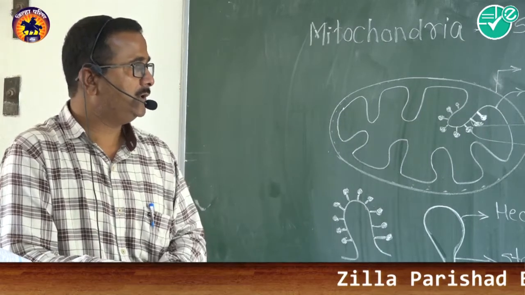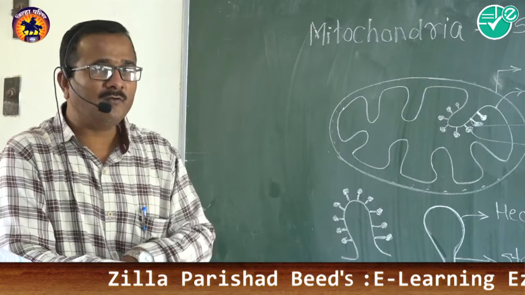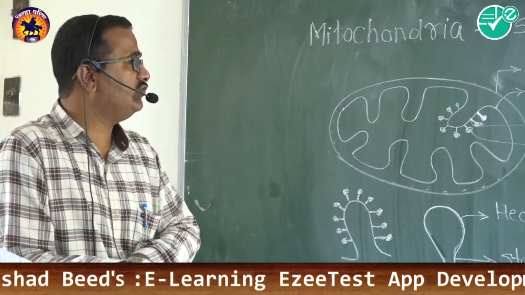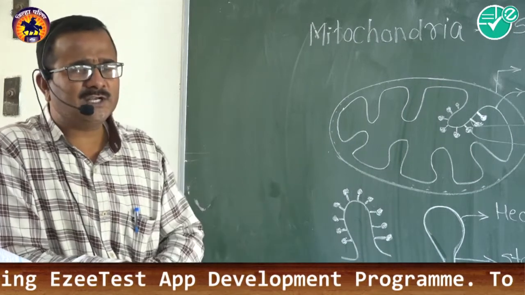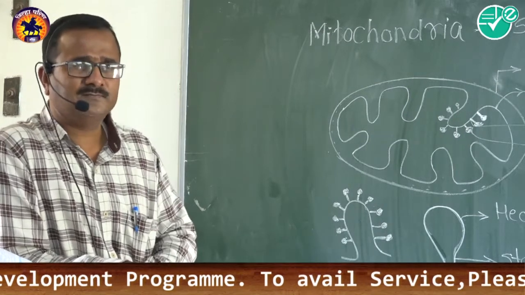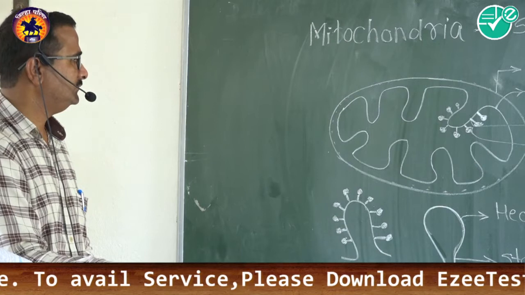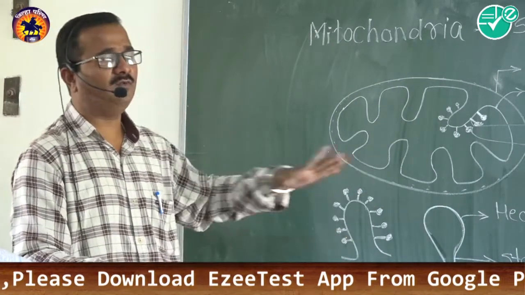So when oxidation occurs, ATP is formed, and therefore this term is known as oxidative phosphorylation. When such oxidative phosphorylation occurs, ATP is synthesized on these cristae or F1 particles.